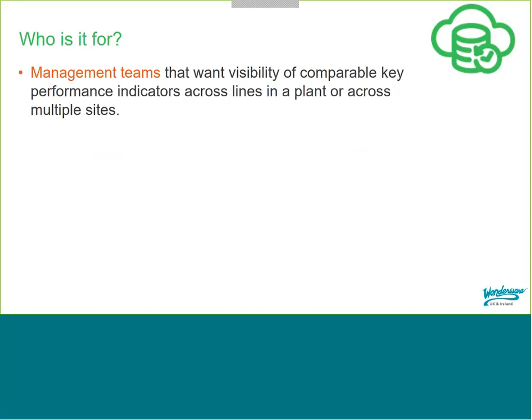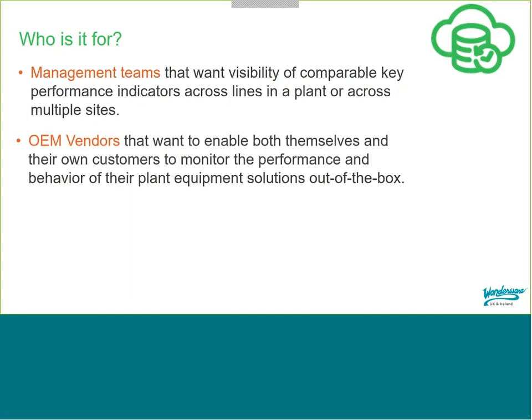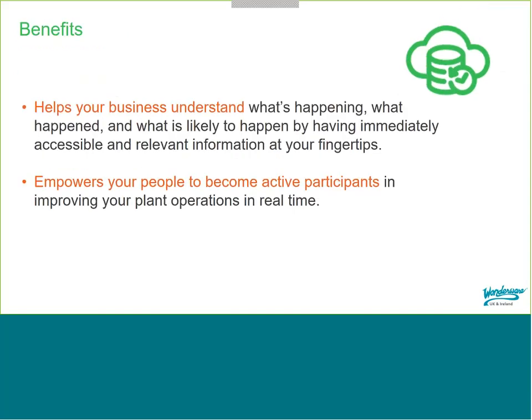Management are looking for visibility of those KPIs across an individual line, or as I've shown you, they can analyze across the plant or across multiple sites. OEM vendors are supplying equipment, and it allows their customers to monitor their performance, but also now they can log in themselves and monitor the performance and behavior of their plant's equipment.